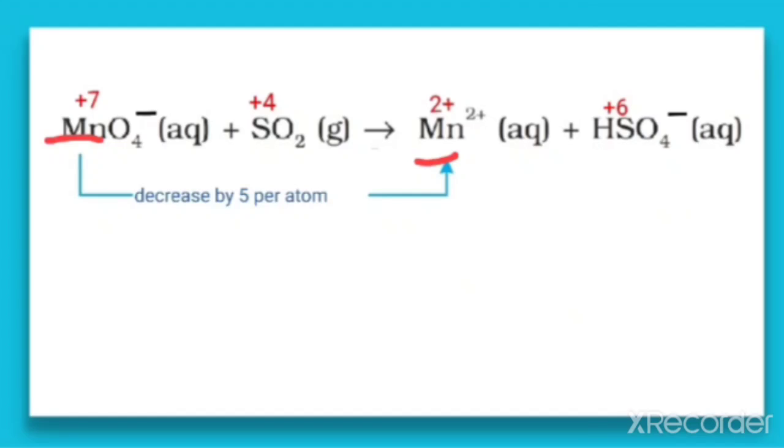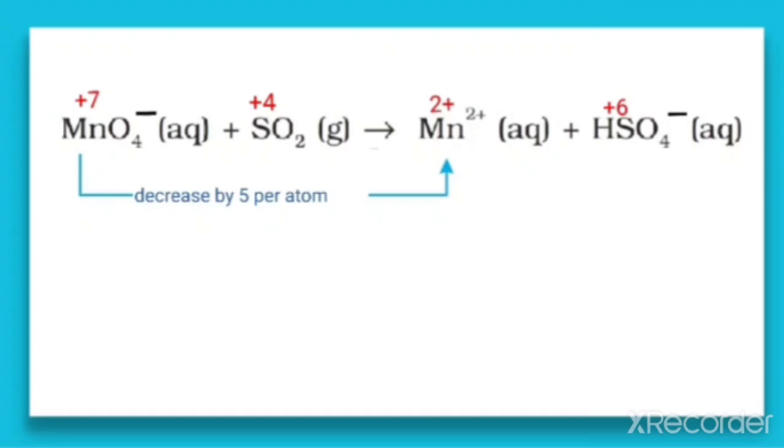Therefore you have to mention it as I have here: a decrease in the oxidation number by 5 per atom, from +7 to +2.